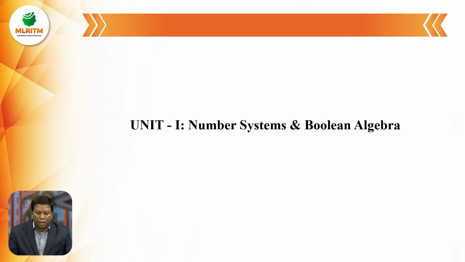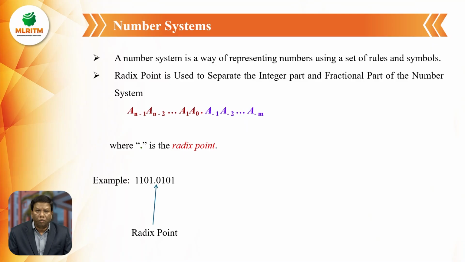First, Unit 1, Number Systems and Boolean Algebra. In this one, we are going to discuss number systems. A number system is a way of representing numbers using a set of rules and symbols.